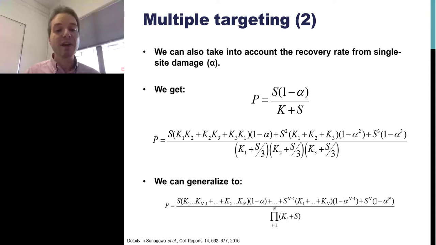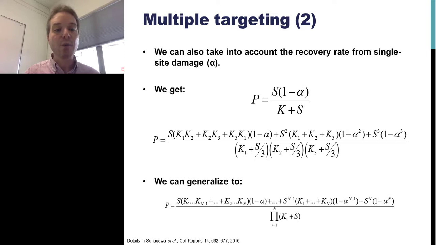The probability of having a cut is going to be that ratio we had before, S over K plus S, multiplied by 1 minus alpha. That's for just one side. And as before, we can extend that.